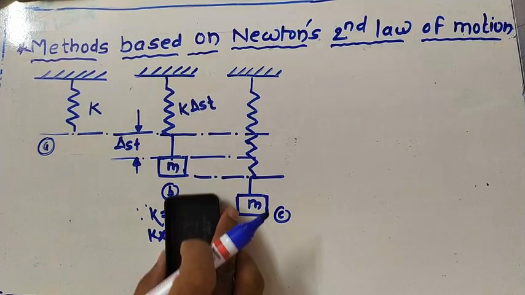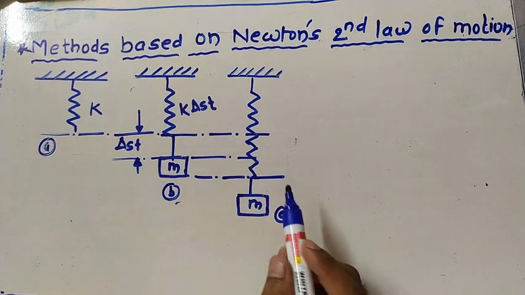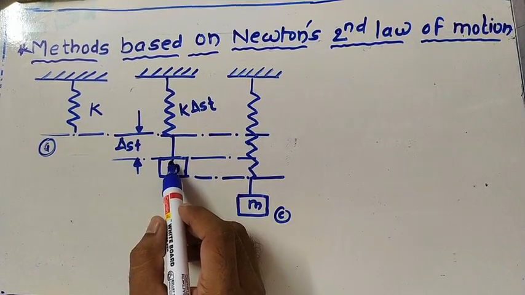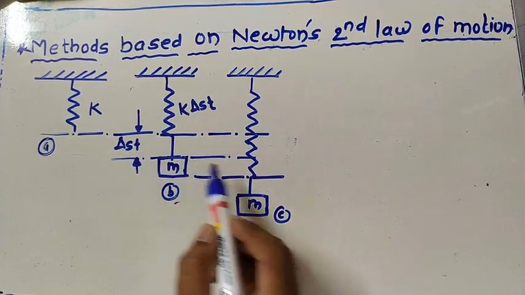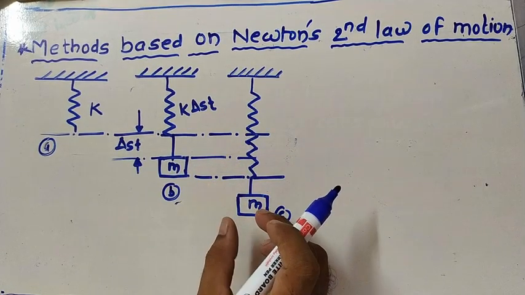Next, this is nothing but its mean position. When I pull this mass in downward direction like this, then what will happen?